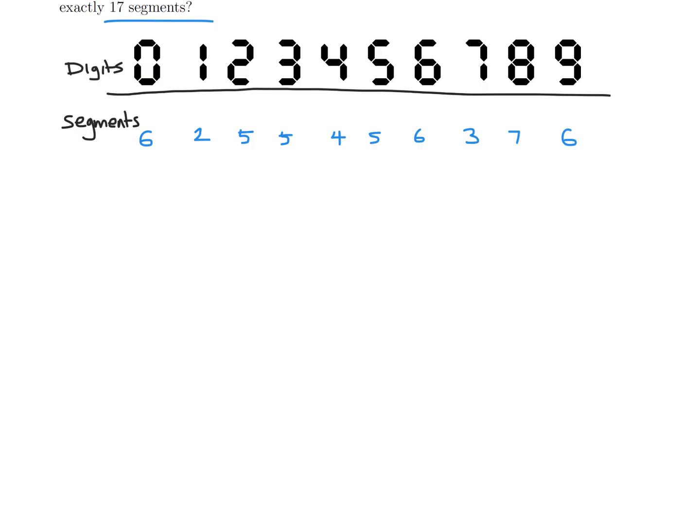Okay, so let's just figure this out. Digits and segments. If we want a number that has 17 segments, we have some possibilities, right? So let's start with the biggest one. The biggest one is 7, and that's the digit 8. If we use it twice, then that would be 7 and 7, so that's 14.